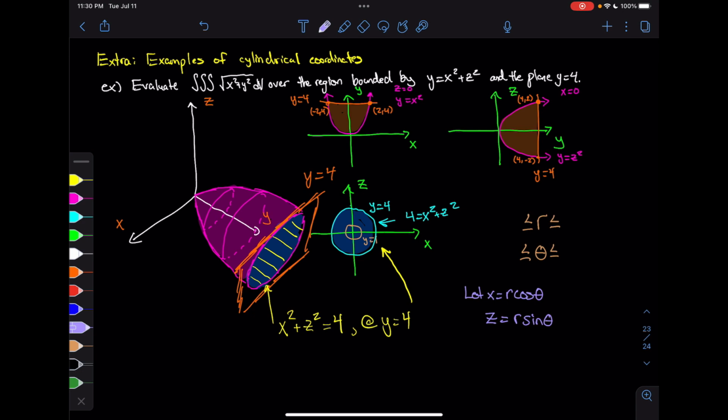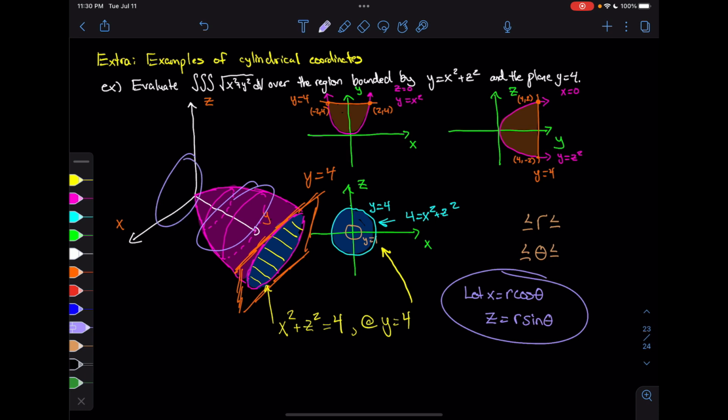Now, a lot of you might be thinking, well, isn't that the circle over here? Well, not quite, because we haven't specified the y value yet. If you just say let x equal r cosine theta and z equals r sine theta, where is this circle floating in space? There's infinitely many of them. So eventually at some point, we're going to need to add something that controls the y coordinate as well.